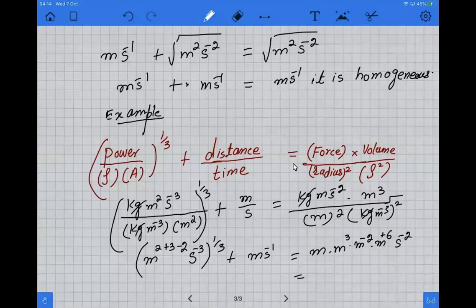So what you get is meter power 1 plus 3 minus 2 plus 6 second power minus 2. It is meter power 8 second power minus 2, and on the left hand side we have meter power 3 second power minus 3 whole power 1 by 3.